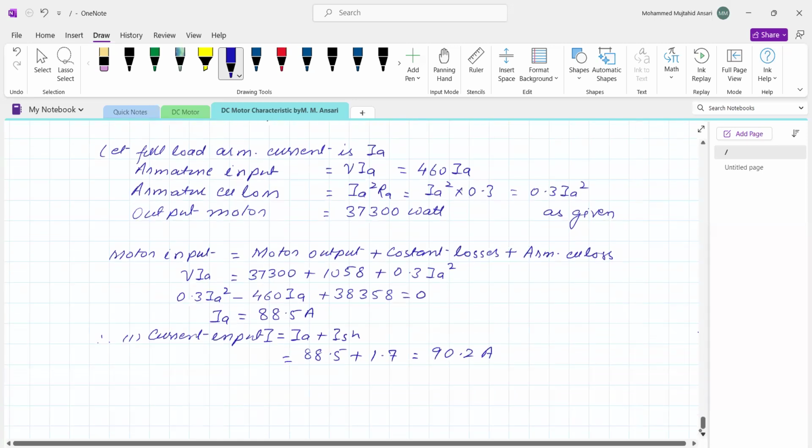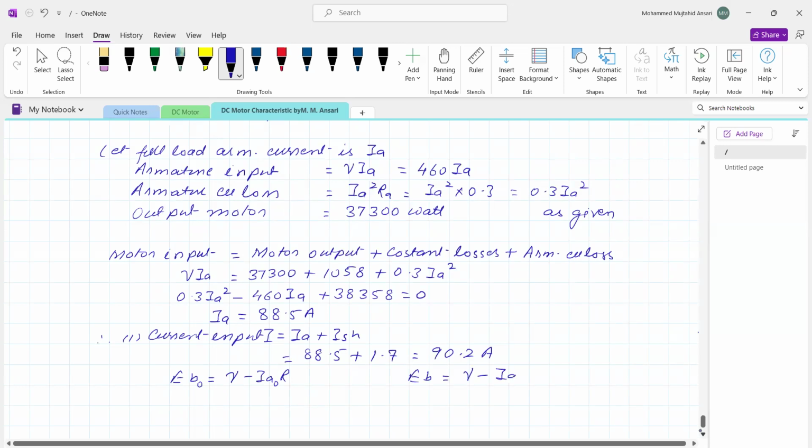Now second is the speed we want to know. So first we will calculate the back EMF. Eb is equal to V minus Ia Ra, at no load condition and at load condition.